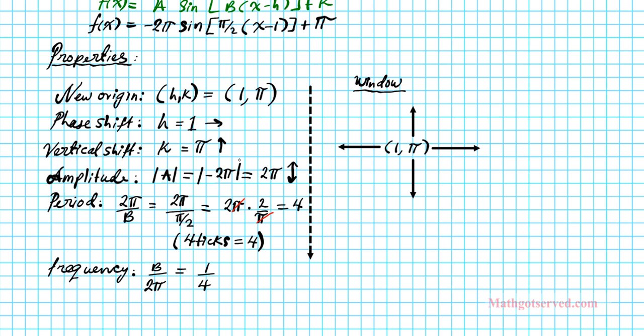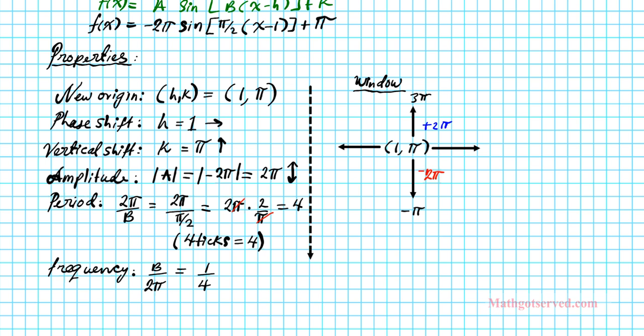Since our amplitude is 2 pi, we're going to add 2 pi and subtract 2 pi on the y-axis, because our y-axis goes up and down. Pi plus 2 pi is 3 pi. Pi minus 2 pi is negative pi.